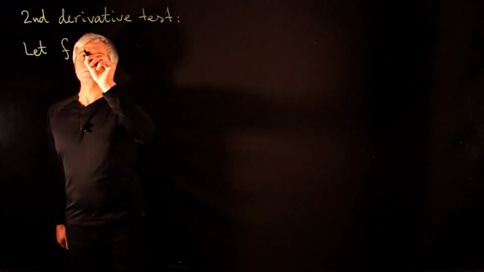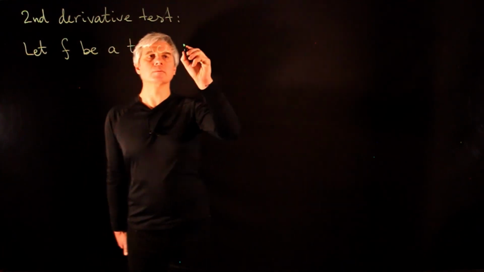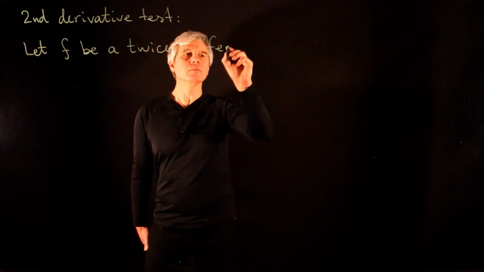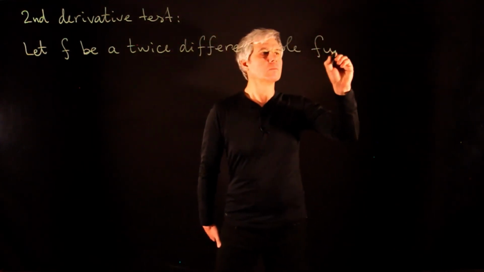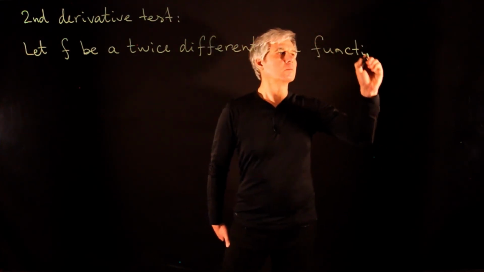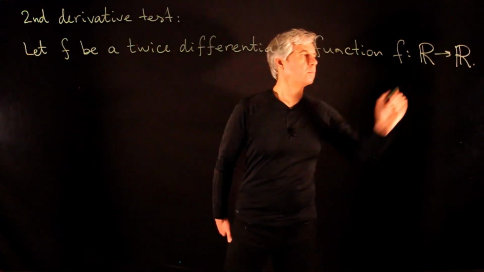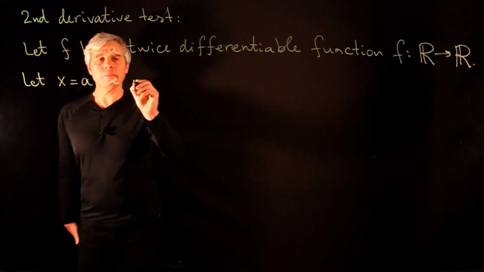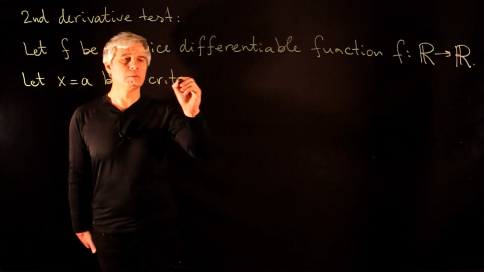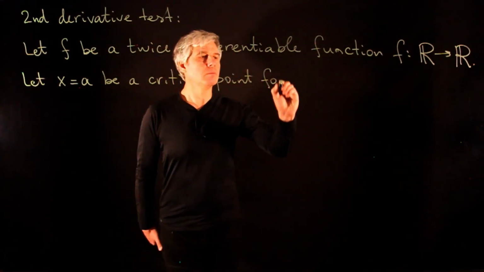So let f be a twice differentiable function from R to R. Let x equals a be a critical point for f.